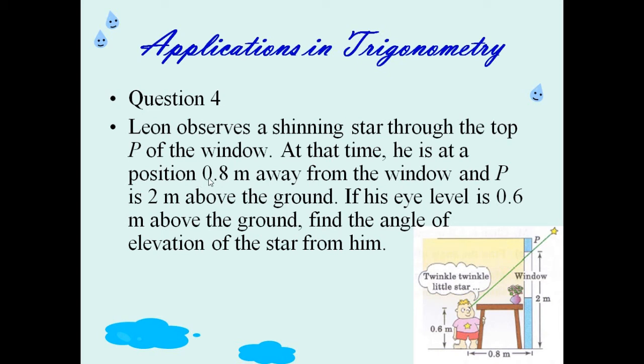If you say 0.8 meter away, it means that this is a horizontal distance only. And P is 2 meter above the ground, so you know that the top of the window is 2 meter above. If you construct, this also has a trapezium here with the two vertical lines. So you can draw the diagram with a right angle triangle as shown.